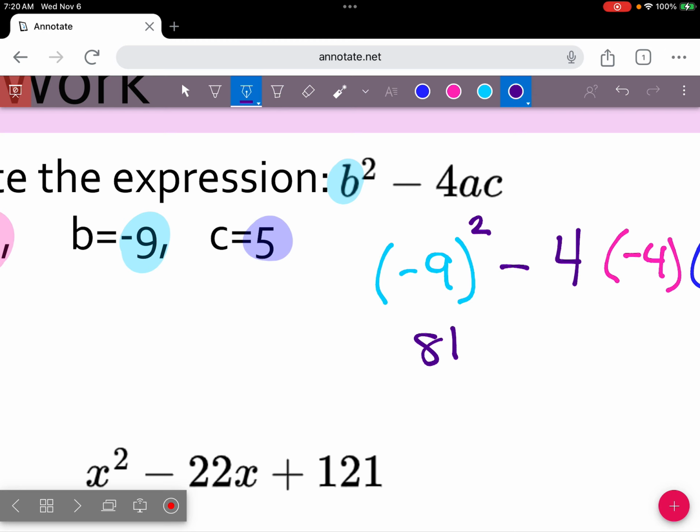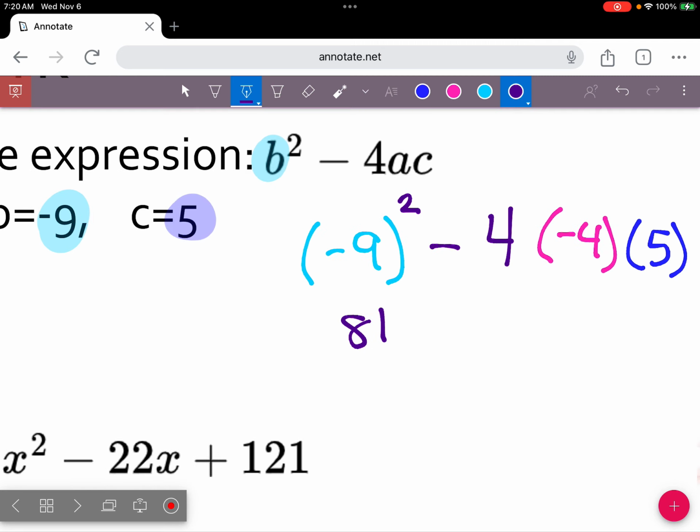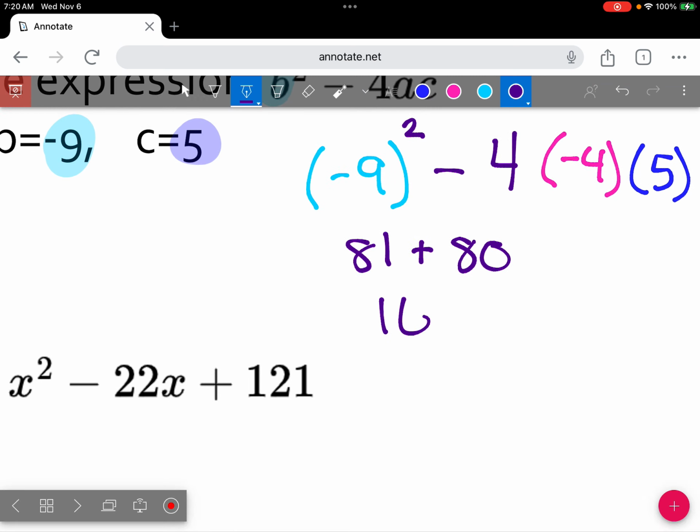-4 times -4 times 5. We actually get a positive 80. So we should have had 161. And you can just straight up type the whole statement in.